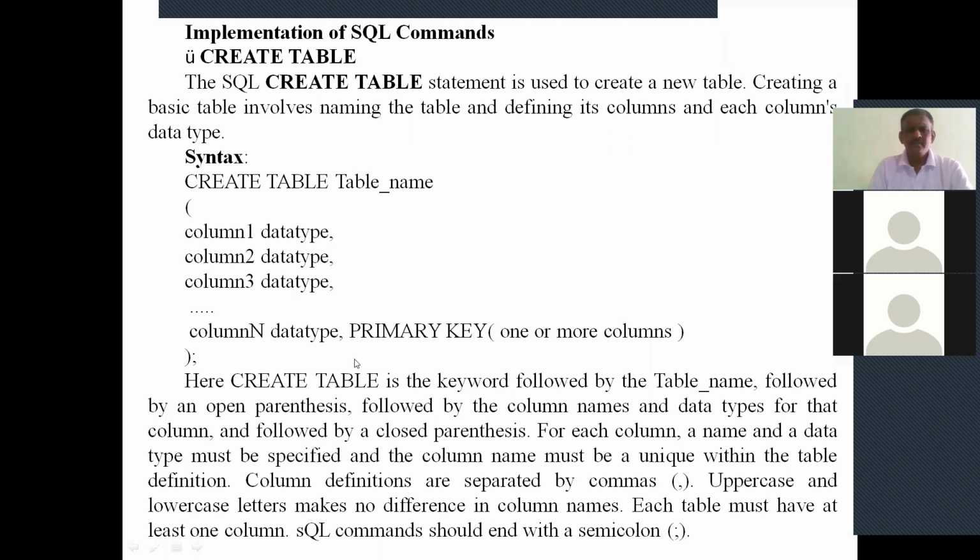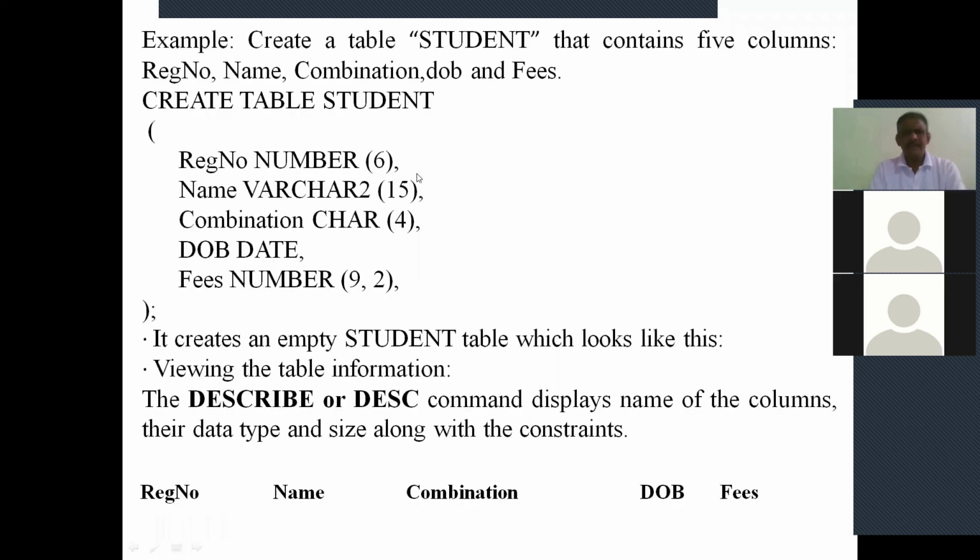Then this is the first statement or command we are using in practical also. Once you enter into the Oracle software, this is the first command you have to use to create a database first. Then you can go for next operations. Then example.